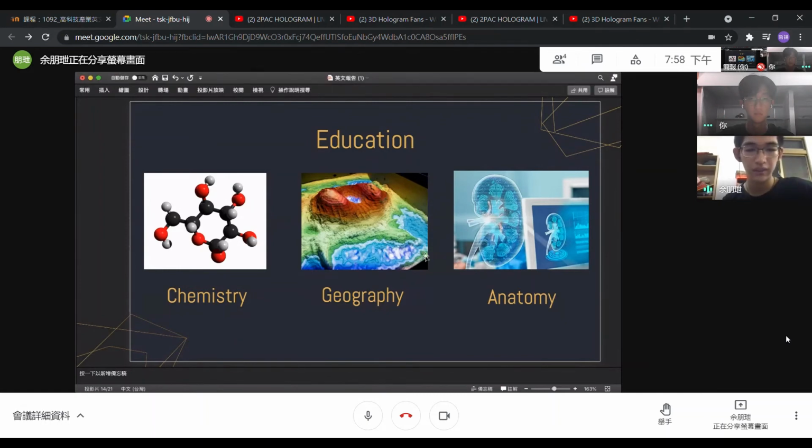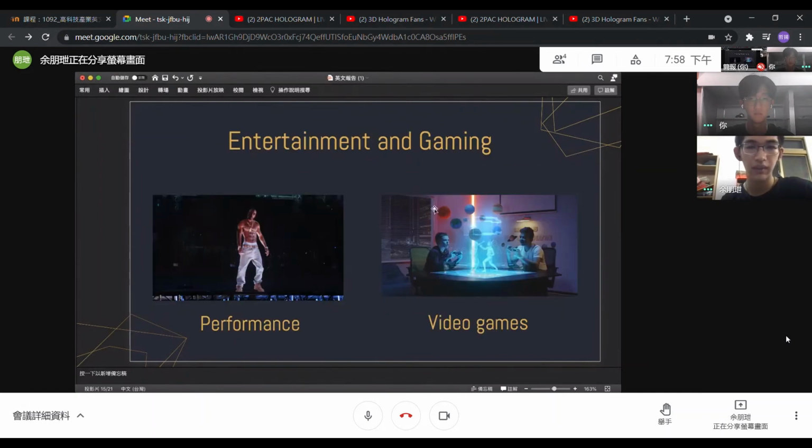Okay, next one is entertainment and gaming. And you can see the left side is what my partner just mentioned, Pepper's Ghost, Tupac. I think it's a new type of concert, especially for those singers who just passed away.